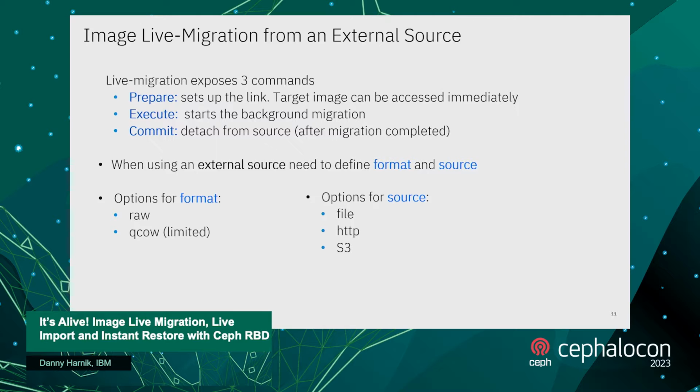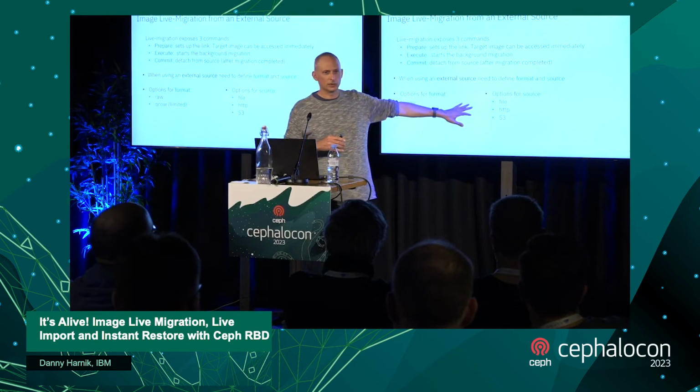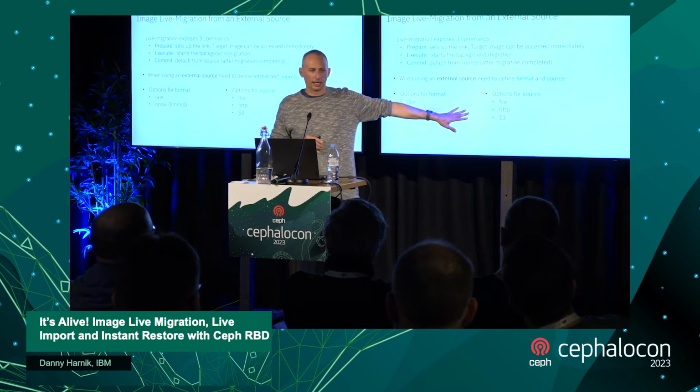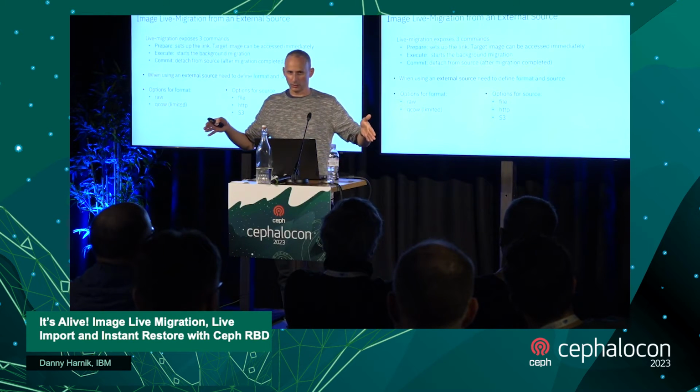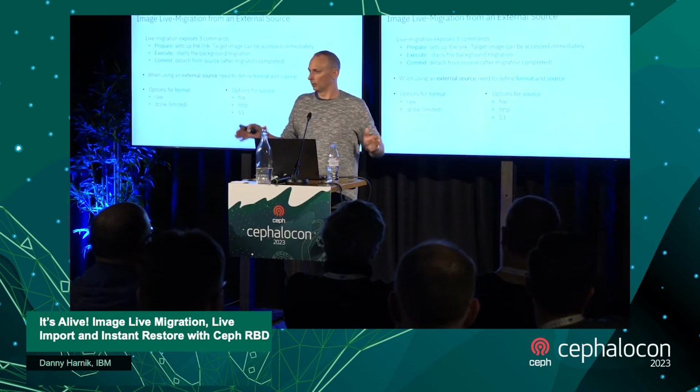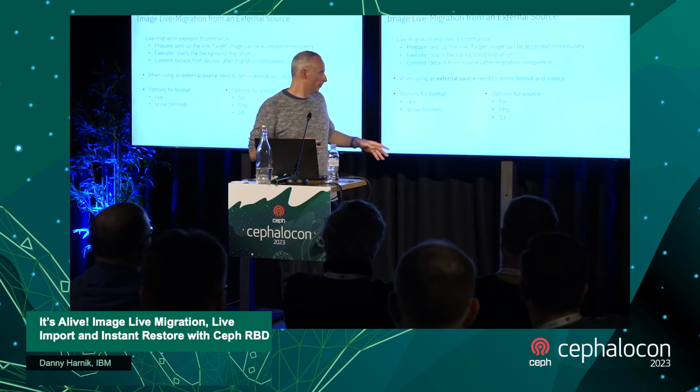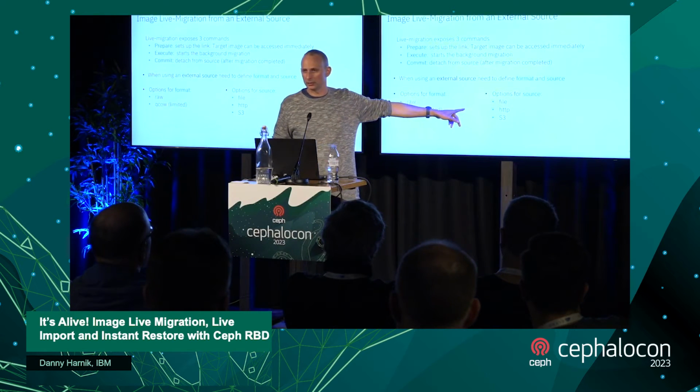The source means how the image is laid out. The source is where does the image lie, and here we have 3 options. File is, give it a path, local on your machine, full path where the file exists. HTTP is a URL.